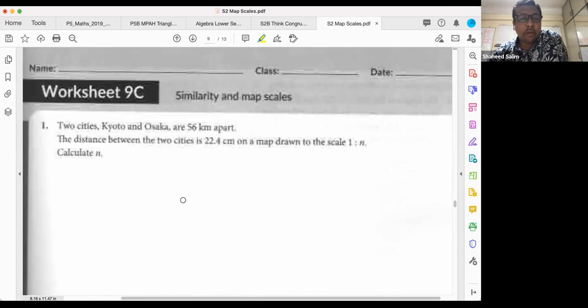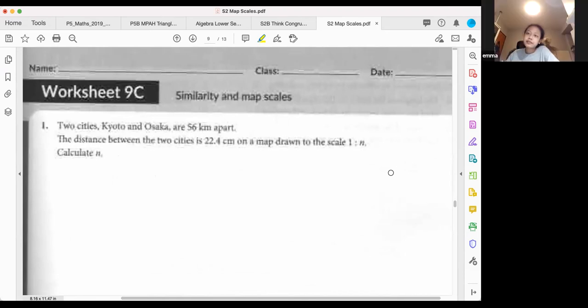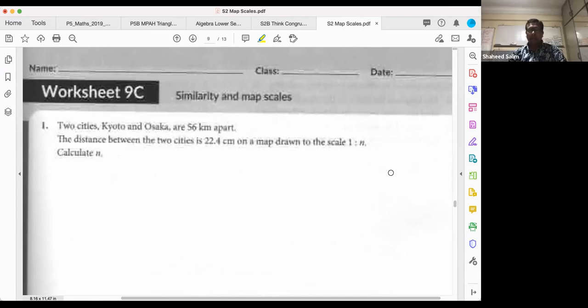They want you now to calculate what is n. They want you to write 1 is to whatever lah. Can you calculate? I think you might have. Okay. Can.